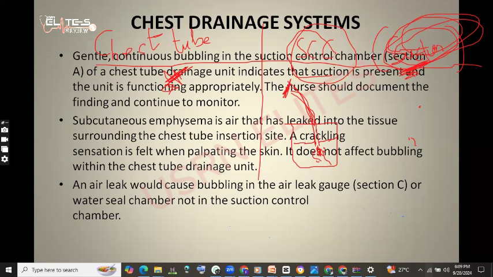So what we are saying is that you should have a continuous bubbling in this case, which is normal. And when you get intermittent bubbling in such cases, that means there's something wrong with the system and it has to be checked. So that is all about the chest tube drainage systems that I want you to know.